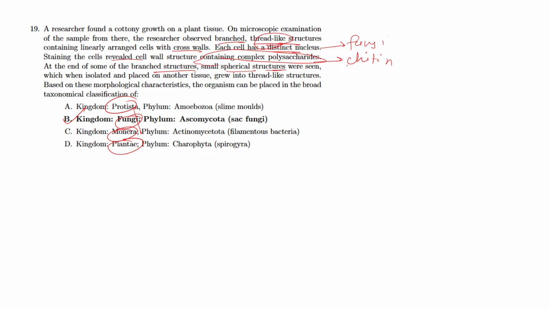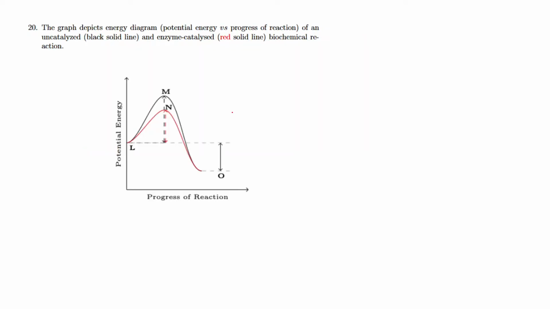Just take the important lines and identify in such types of questions. These are elimination-based questions, so you directly eliminate options and get the correct option. This is a description about the fungi, a phylum from the Ascomycota, or the sac fungi. So this is the last question.